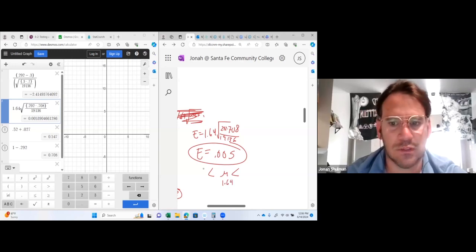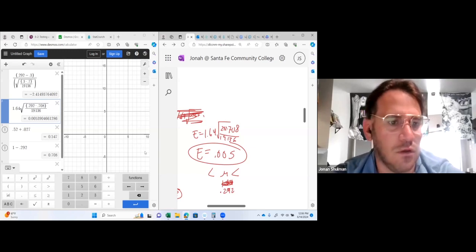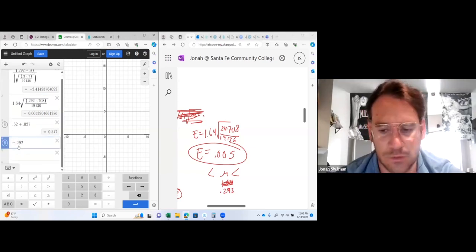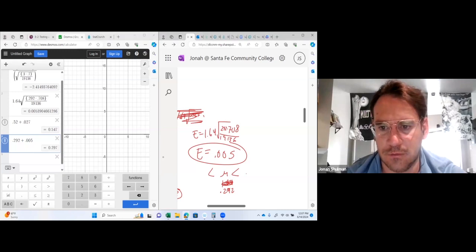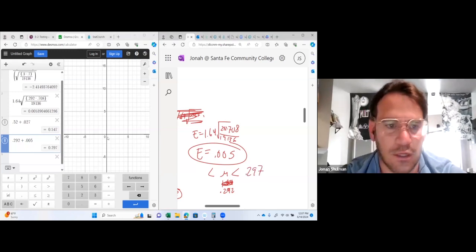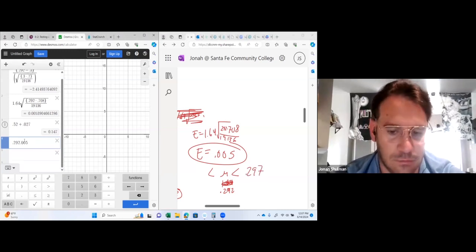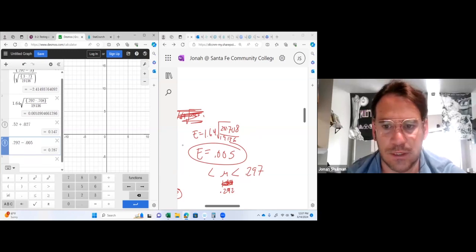So all I have to do is subtract this and add this. So take 0.292, add 0.005, so 0.297 is one side, and the other side is 0.287. That should be our answer.